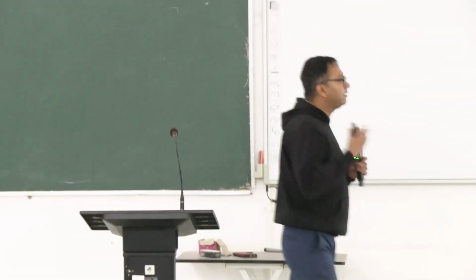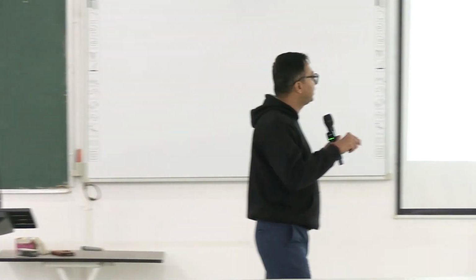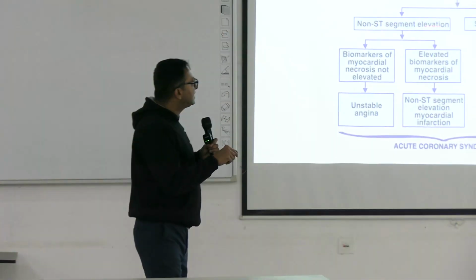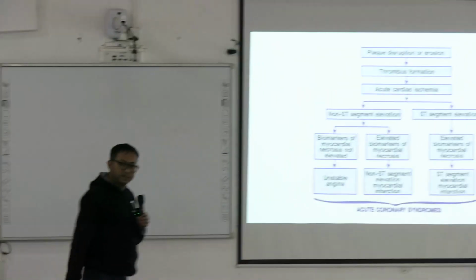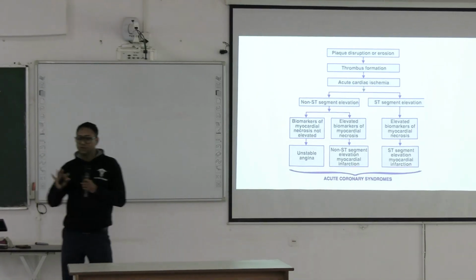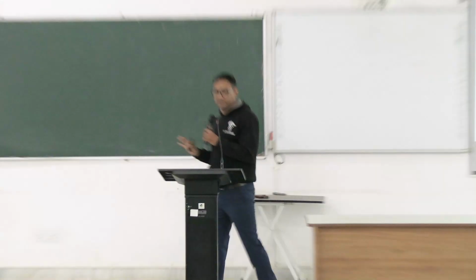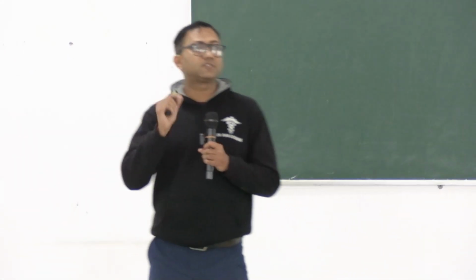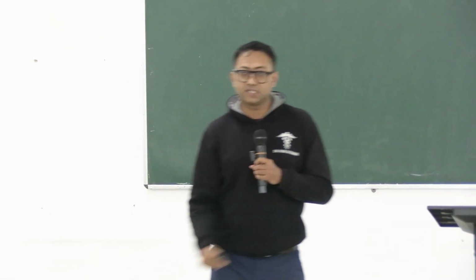So acute cardiac ischemia. And from an electrocardiographic point of view, we divide this acute cardiac ischemia into non-ST segment elevation and ST segment elevation. So if a thrombus lodges into the coronary circulation, there is a block, right?